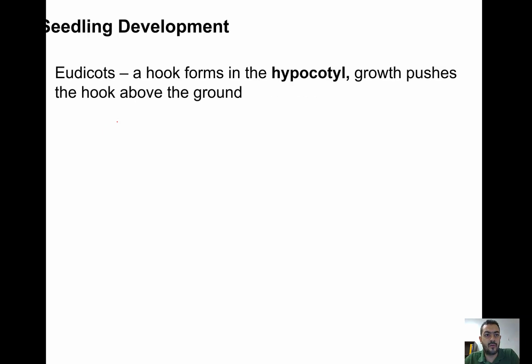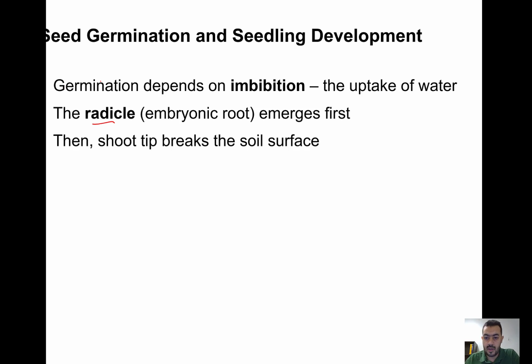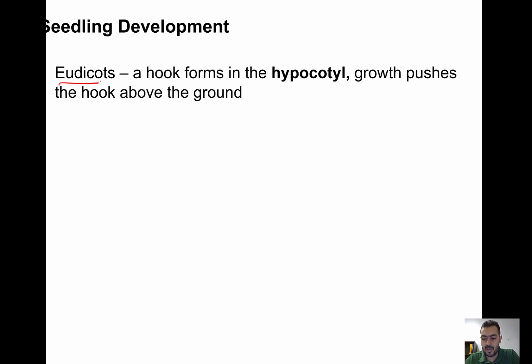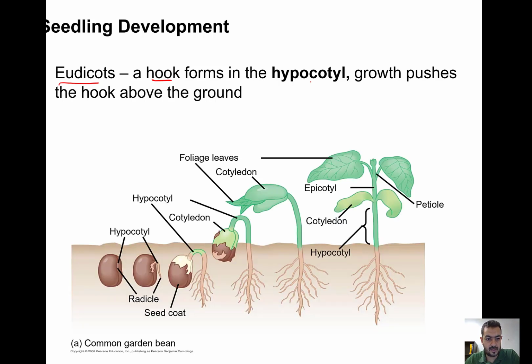In the case of the eudicots, the first thing, as we said, is the radicle, and then regarding the shoot part, the first part that will appear is a hook. This hook will form the hypocotyl, and this hypocotyl will grow, pushing the hook above the ground. If we see it here, as you can see, the radicle will appear first, growing down into the soil.